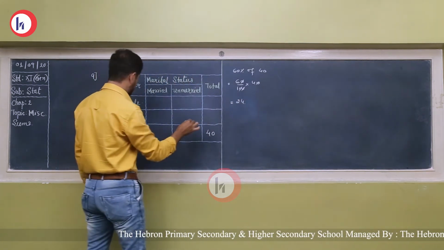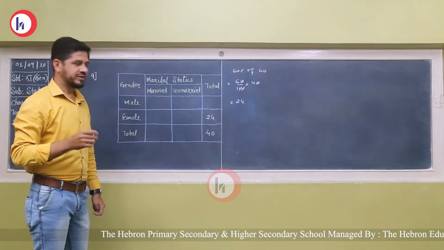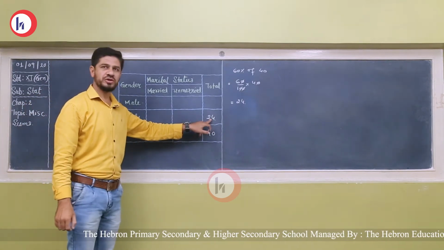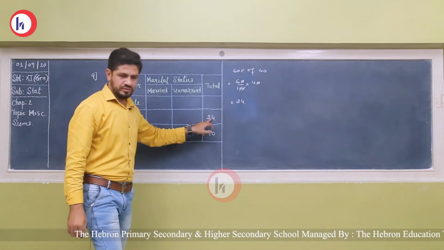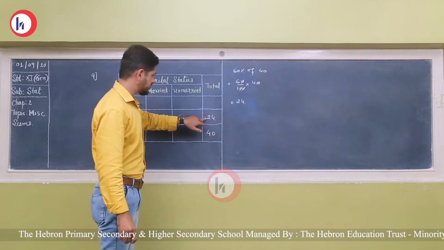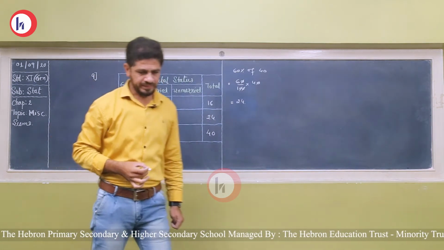So there are 24 females. The information is not given whether they are married or unmarried, so I record that value into the total column. Now, the remaining 40% are males, so 40 minus 24, so the remaining 16 are the males.